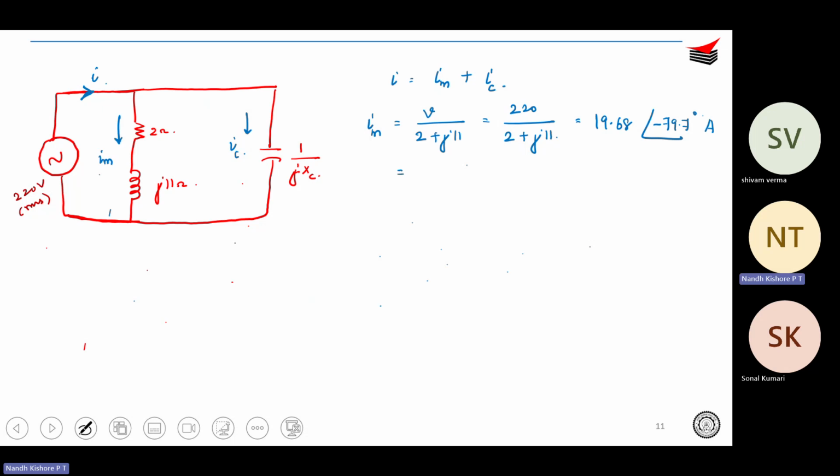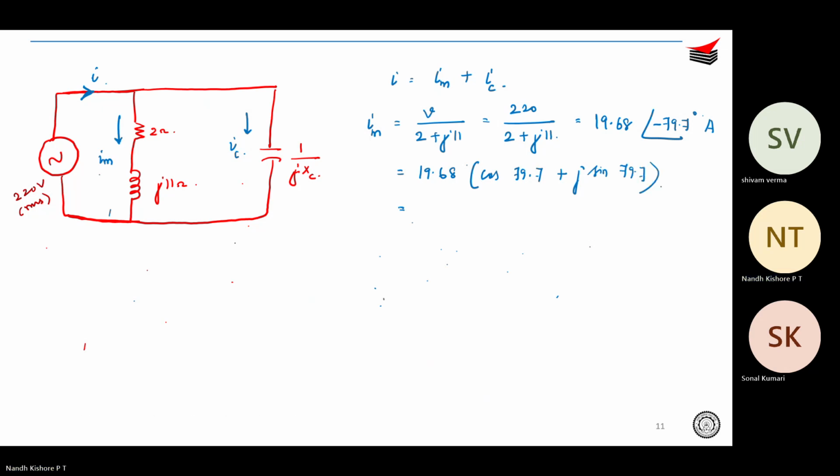So 19.68 at minus 79.7. How can we write it? We can write it as 19.68 into cos 79.7 plus j sine 79.7, which is in rectangular form.